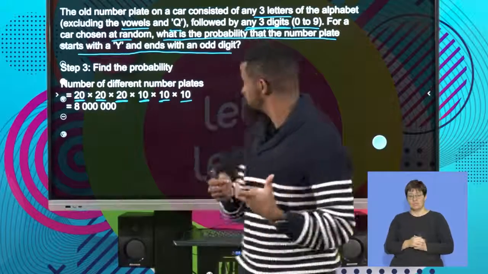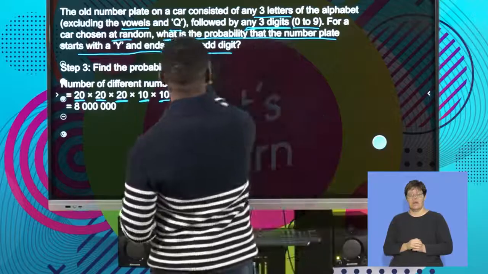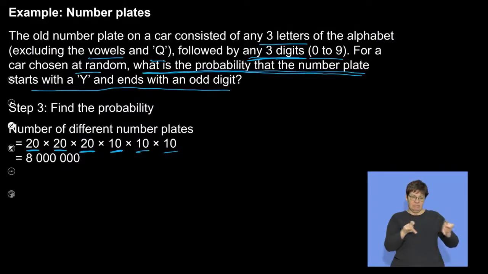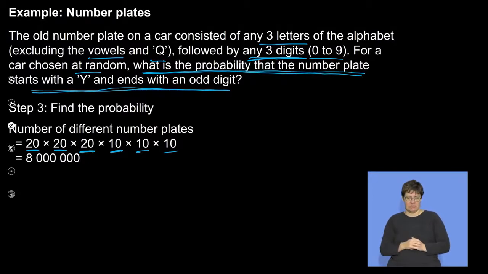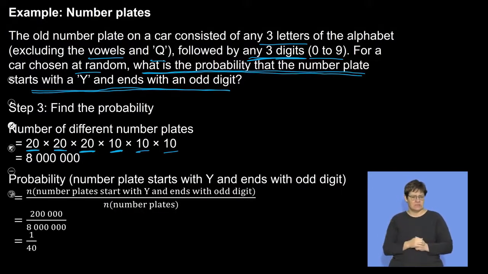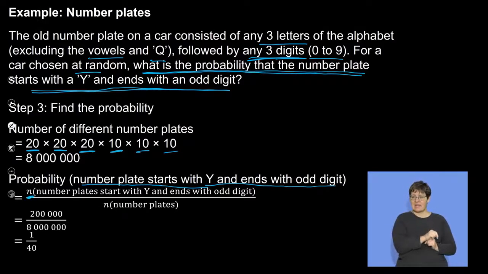The question is, what is the probability that the number plate starts with Y and ends with an odd digit? So what do we have to do? The N means the number of number plates that start with Y and end with an odd digit.